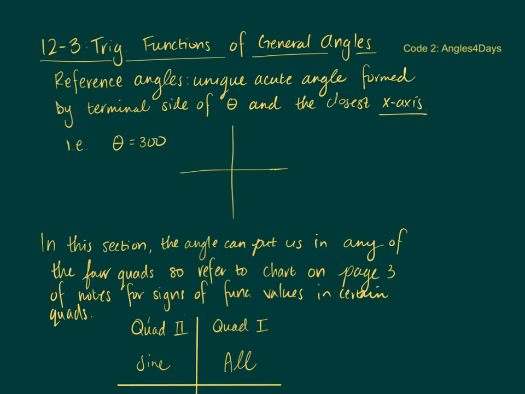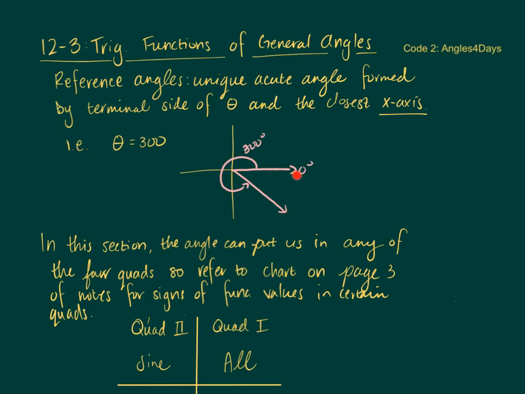So theta is 300, so I'm going to draw that in standard position. It starts at 0 and then moves 300 degrees. So that means you end up in quadrant 4. Okay, this is theta. My acute angle is formed between my terminal side and the closest x-axis.